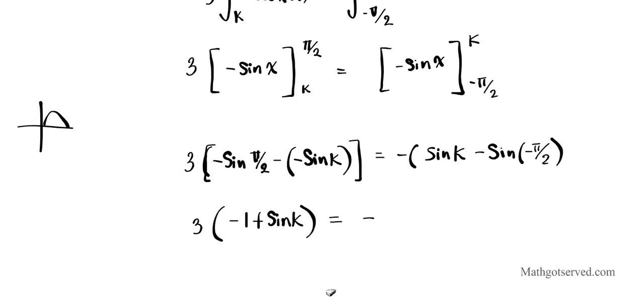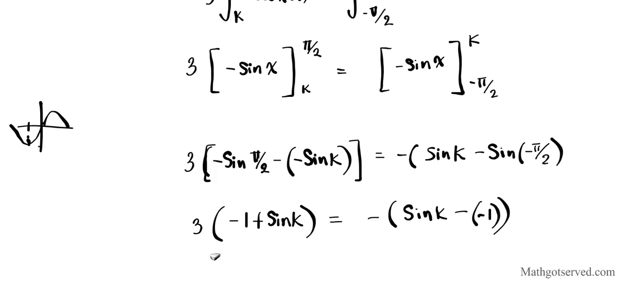Let's simplify that. Sine of negative pi over 2 is negative 1. Remember, your sine function goes like this, and that's negative pi over 2, so it's negative 1. So sine k minus negative 1, which is sine k plus 1.